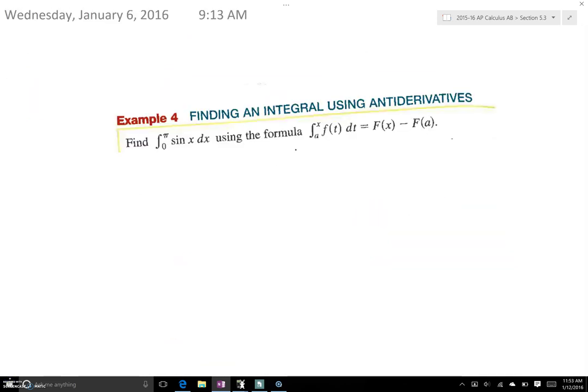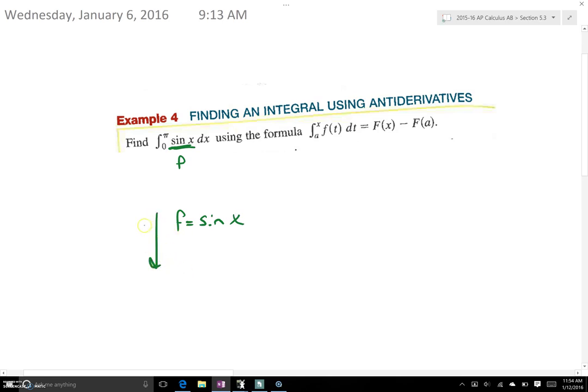Okay, so using the result from exploration 2, let's answer example 4. It says find the integral from 0 to pi of sine of x dx using the formula that we derived in exploration 2. So the first thing we need to do is figure out what the antiderivative is. In this case, this is our function f. We need to know the antiderivative.